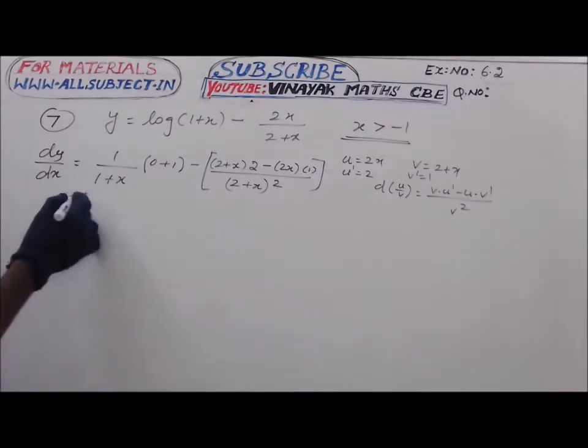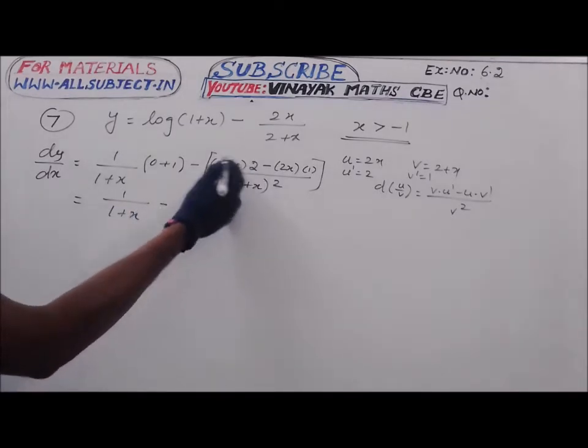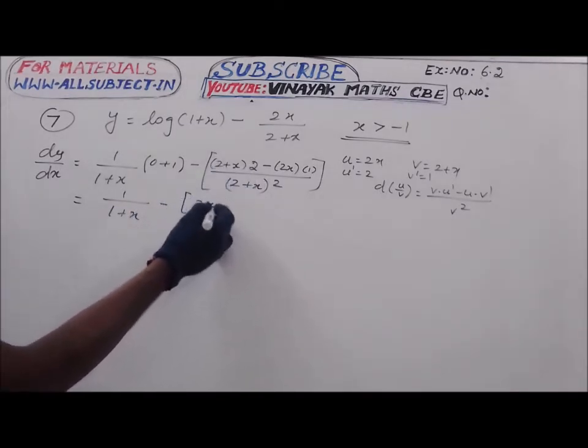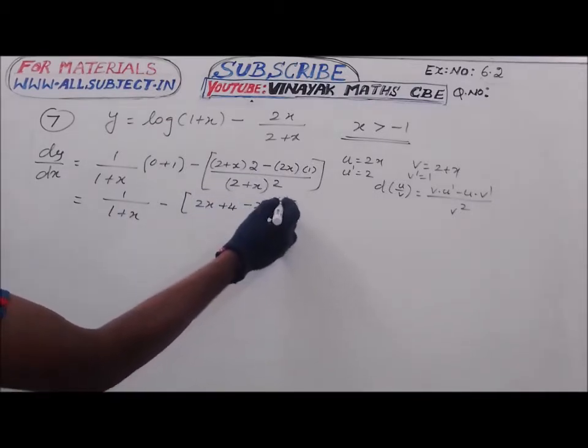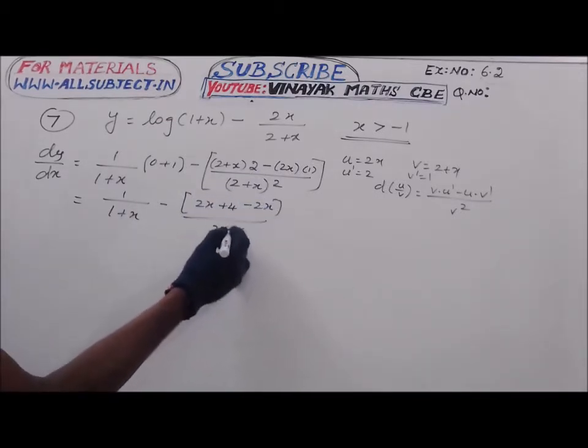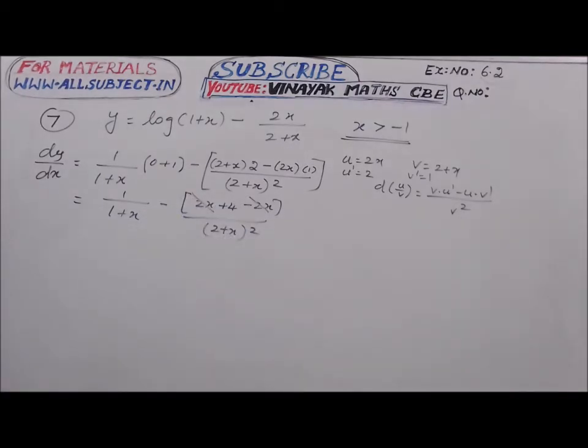So simplifying this, we will get 1 by 1 plus x minus, multiply inside, 2x plus 4 minus 2x divided by 2 plus x whole square. Here 2x and minus 2x get cancelled.